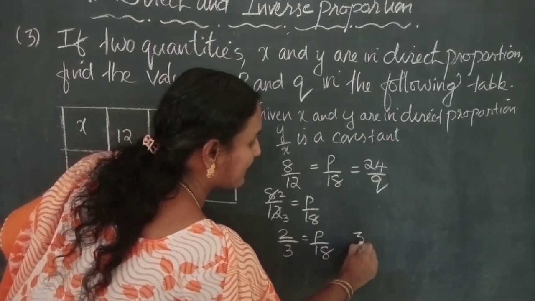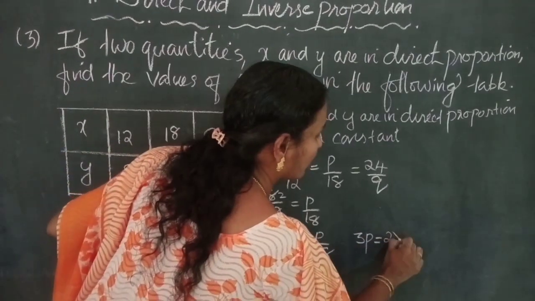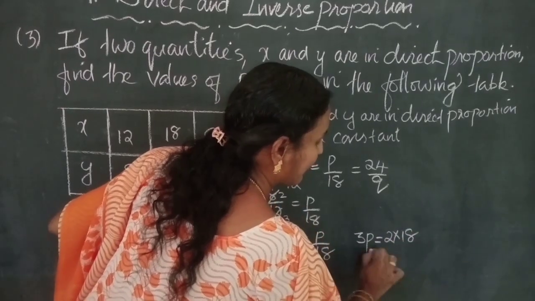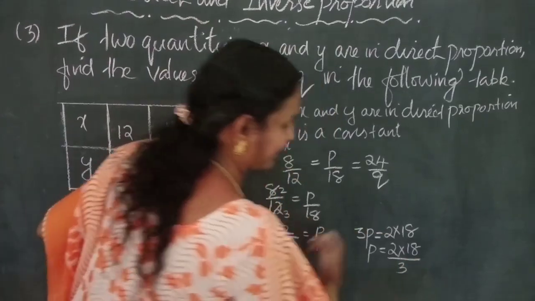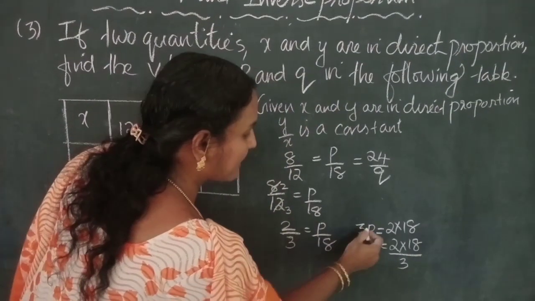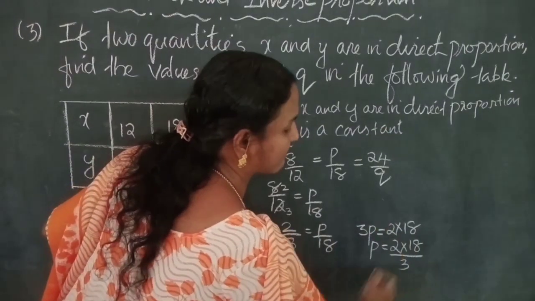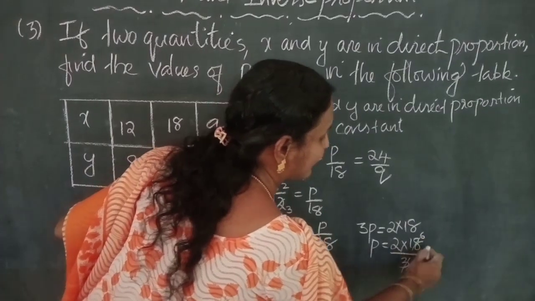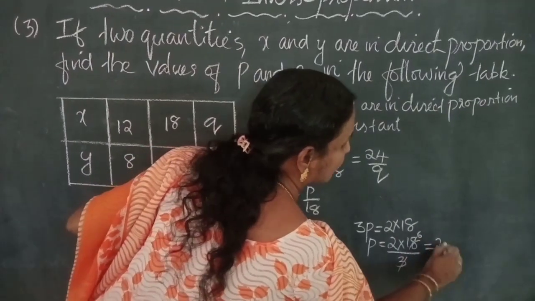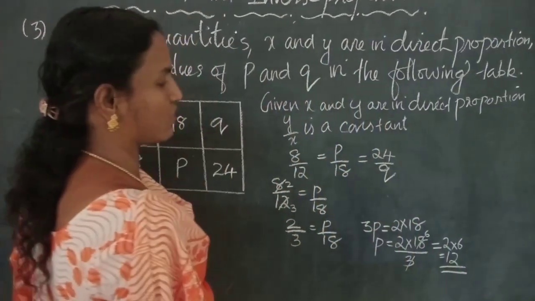So 3p is equal to 2 into 18. P is equal to 2 into 18 divided by 3. You can cancel 3 and 18: 6 3s are 18. So 2 into 6 is equal to 12. The value of p is 12.